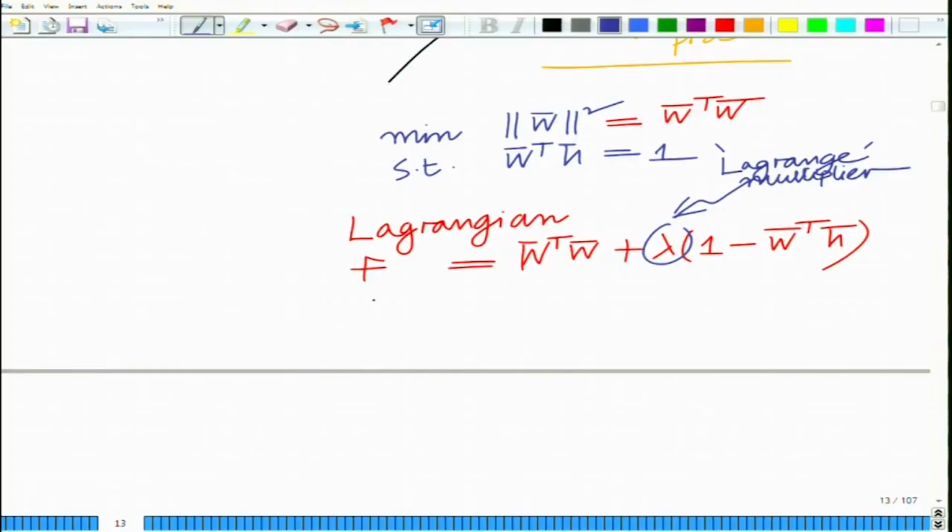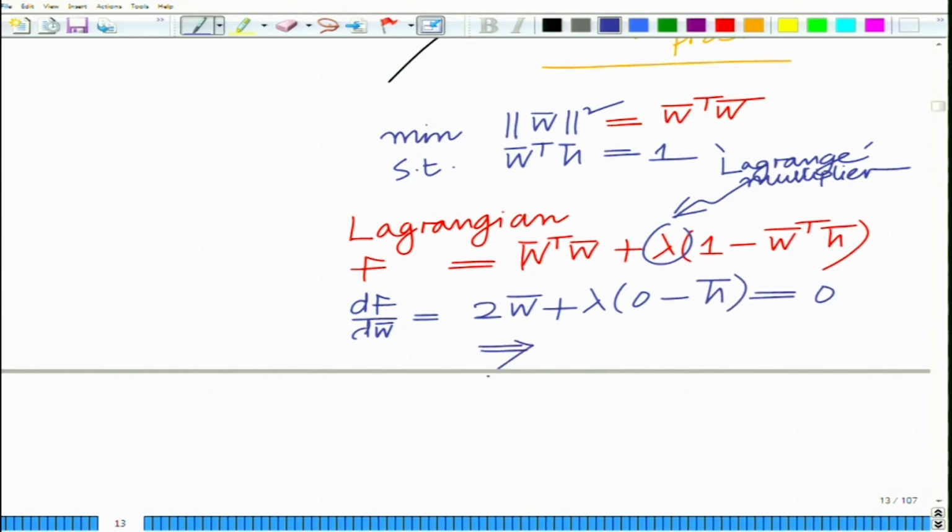Okay. So, now I am going to differentiate this with respect to w bar and set it equal to 0. Differentiating w bar transpose w bar gives us 2 w bar, plus lambda times, differentiate 1, that gives 0, minus the derivative of w bar transpose h bar, which is h bar. So, set it equal to 0.